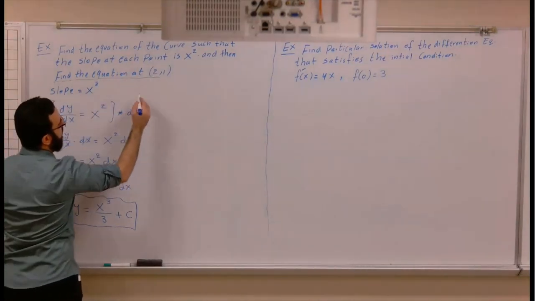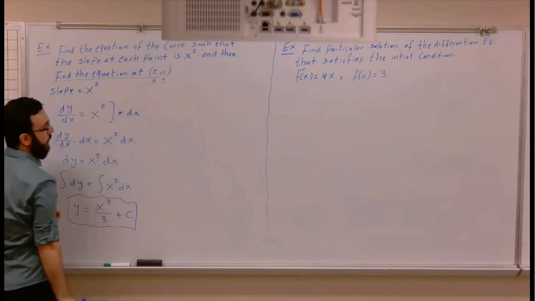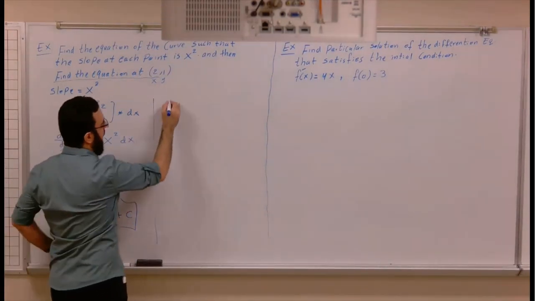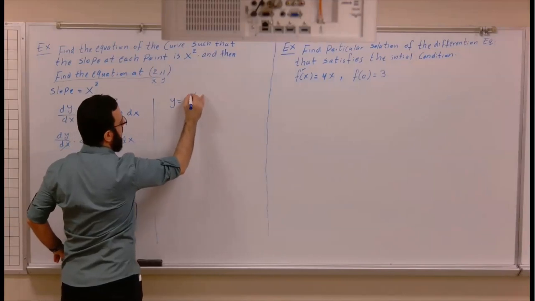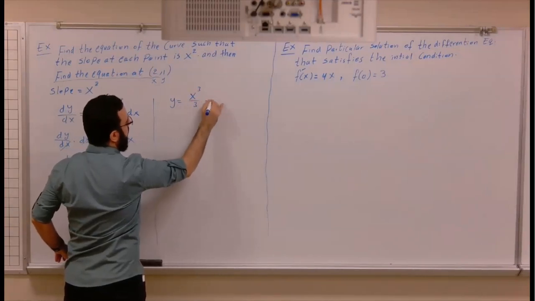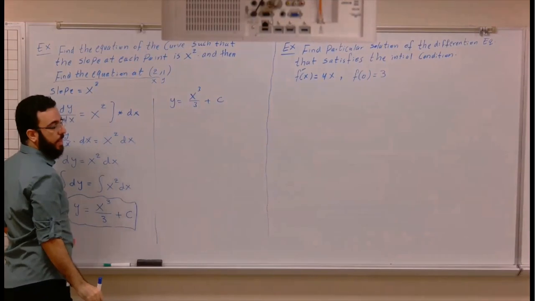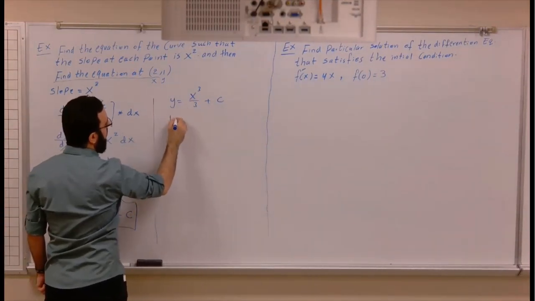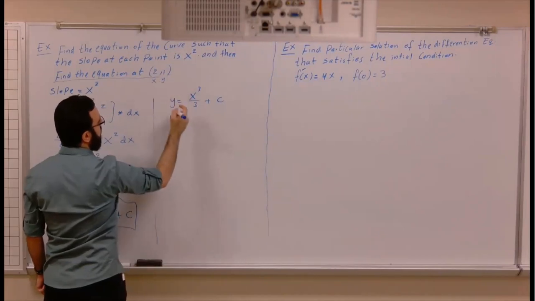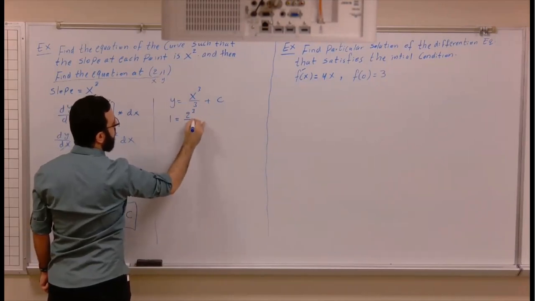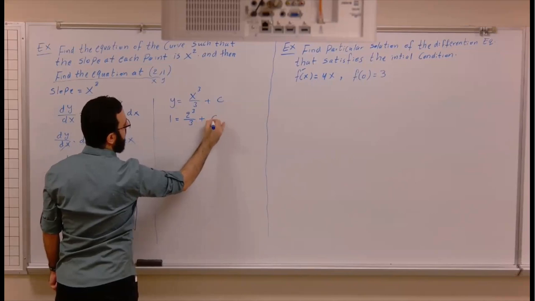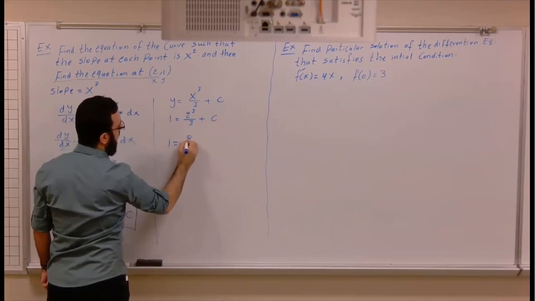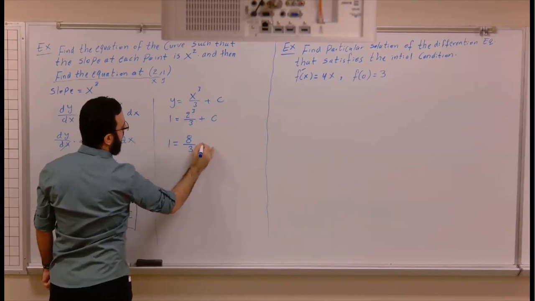We can't find c from this alone, but they're telling us to find the equation at this point, so this is x and this is y. I have the general equation, x cubed over 3 plus c, and I'm going to plug in x and y. That means 1 equals 2 cubed over 3 plus c, and 2 cubed is 8, so 1 equals 8 over 3 plus c.